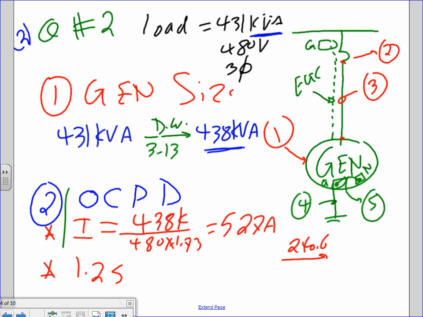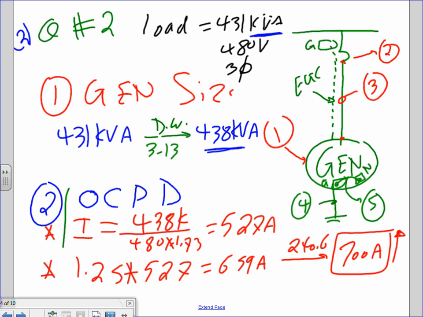So when you size that conductor, assume it's continuous load, and you take 1.25, multiply it by 527, you're going to end up with a healthy 659 amps. Take this one to 240.6, and you get yourself a healthy 700 amp circuit breaker. You go up if it's not a standard. So you have a 700 amp circuit breaker.